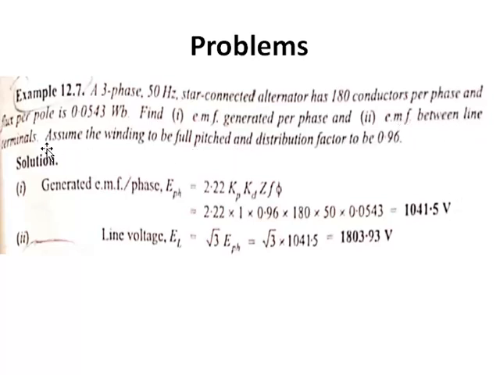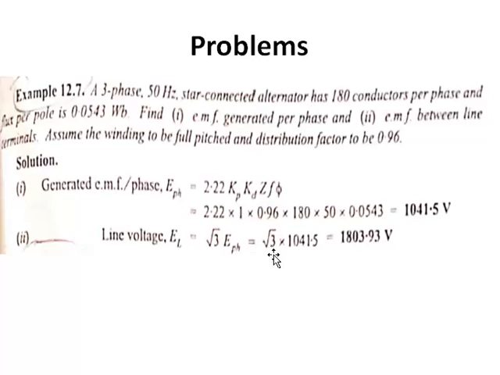And now what we have to find? EMF between line terminals. What is this? They are asking the line voltage. What would be the line voltage in case of a star connected system? We already did that derivation. The line voltage would be √3 times the phase voltage. Therefore, line voltage EL is equal to √3 times E phase.